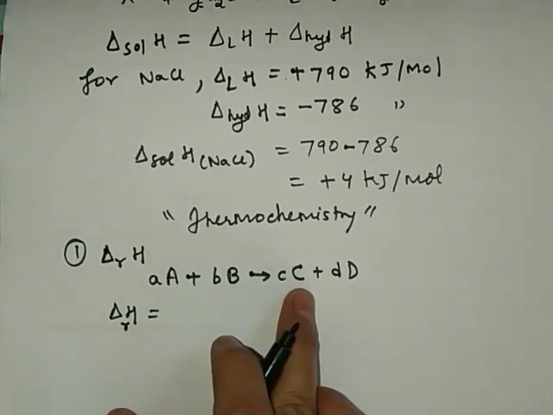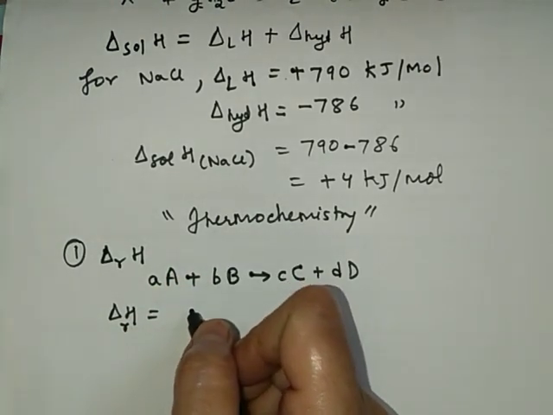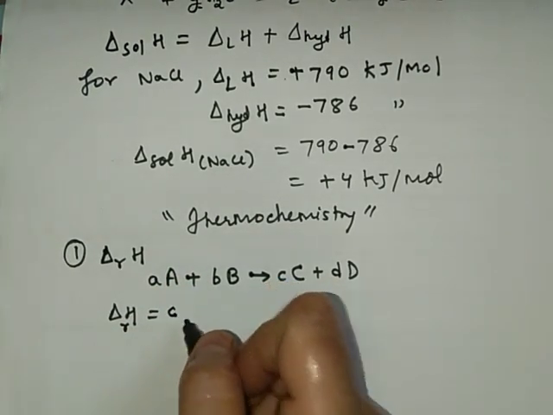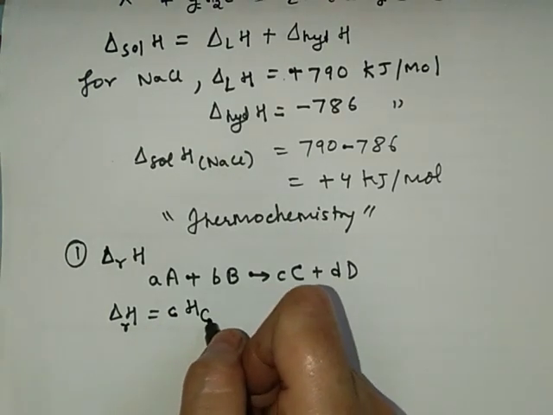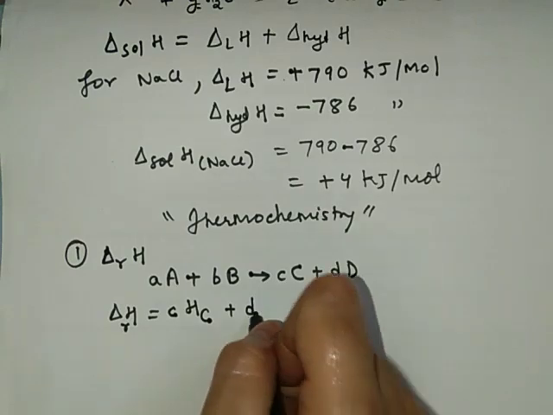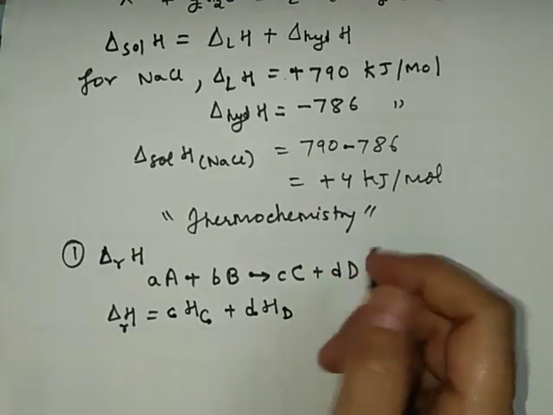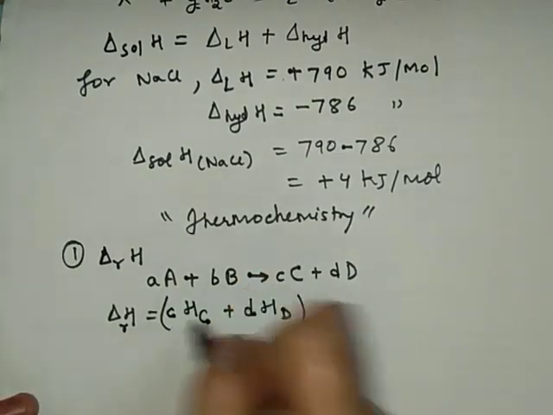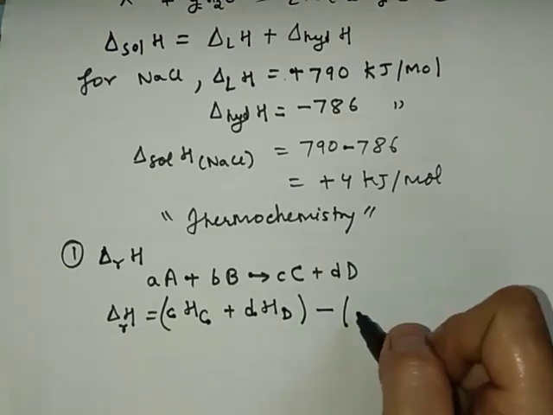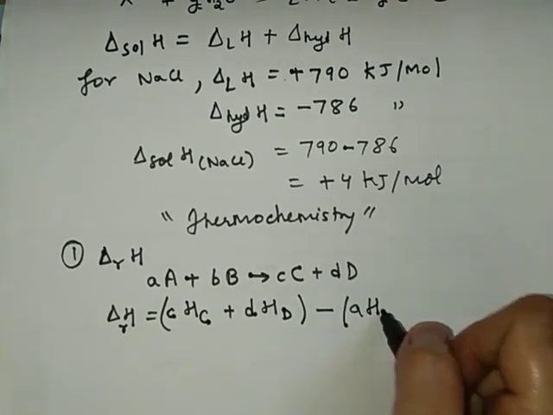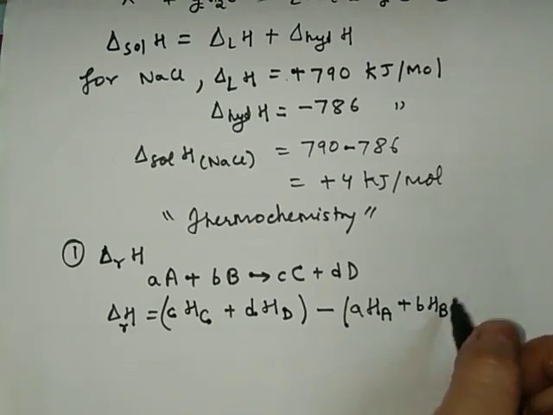It is the final enthalpy minus initial enthalpy, and final enthalpy will be taken as what? c moles, small c, enthalpy of product C plus small d, enthalpy of D. Okay, minus, let us come to the reactants. So I will take a moles of A, b moles of B.